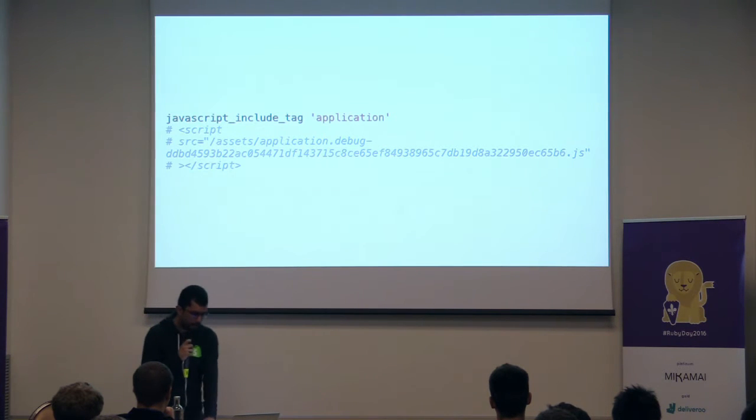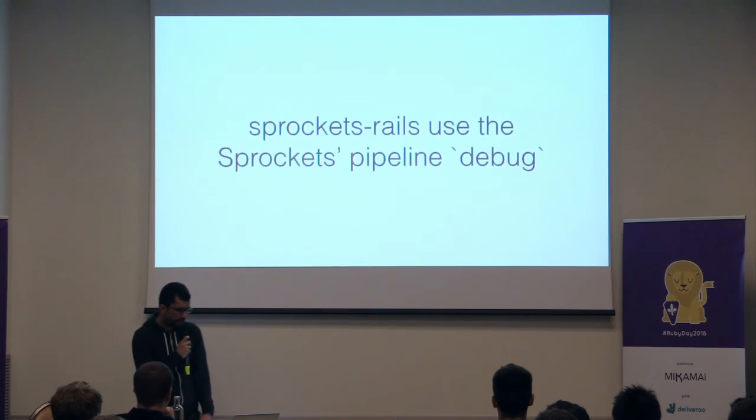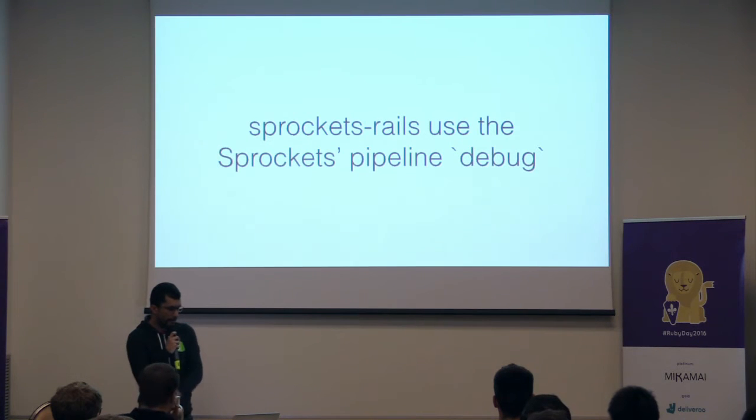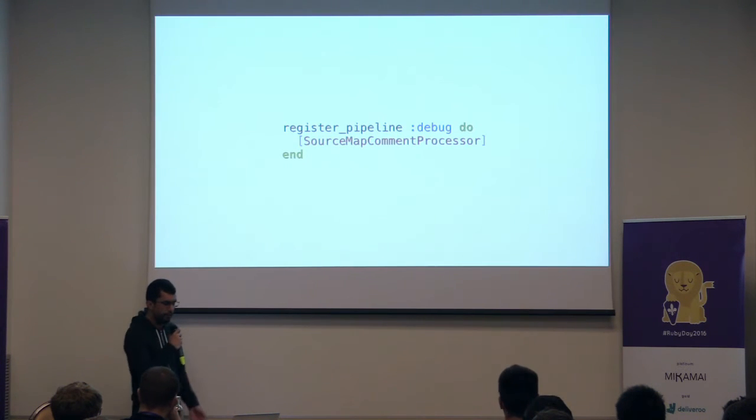And when your browser does a GET request to that URL, the first thing that is going to hit your application is Sprockets Rails, which is going to use the pipeline called debug. And a pipeline is just a set of processes.